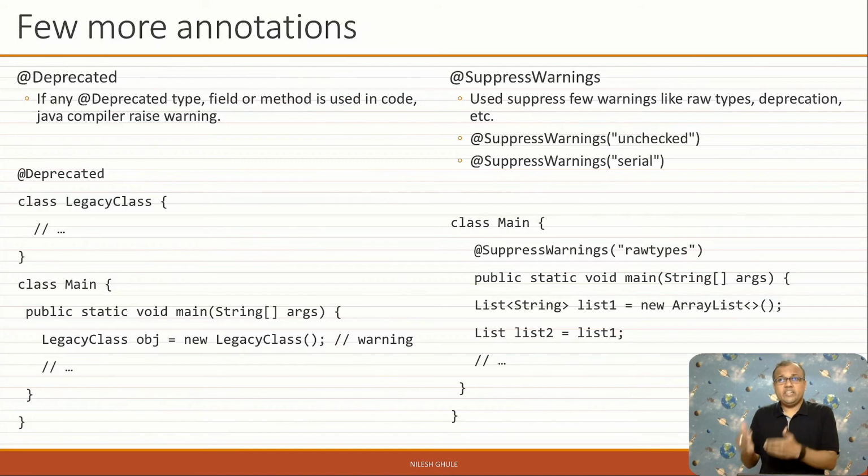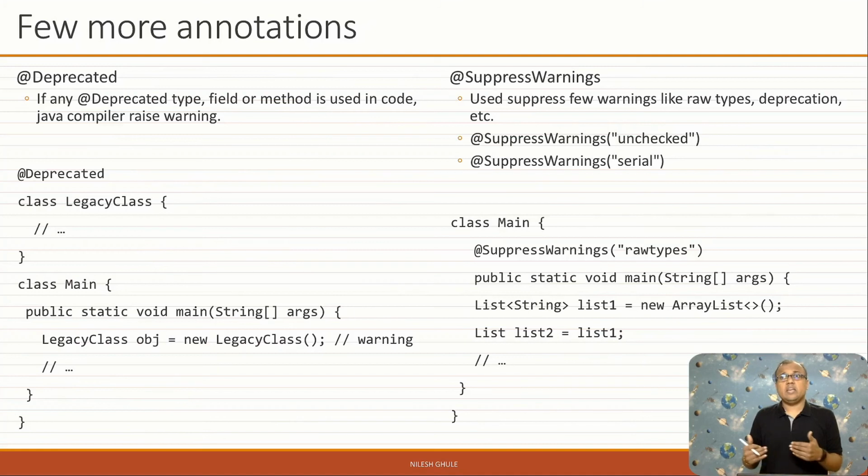The other annotation is SuppressWarnings. At times, the compiler gives different warnings regarding usage of raw types, or serial version UID not being declared, or a conversion that is not appropriate. For such warnings, we can use @SuppressWarnings to ignore them.